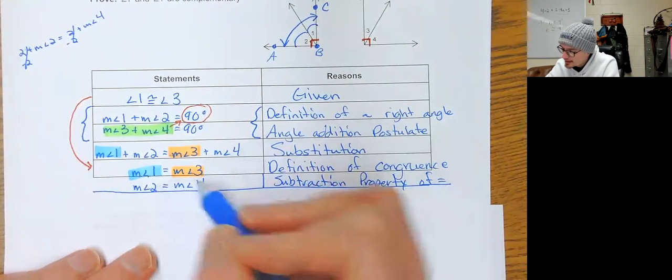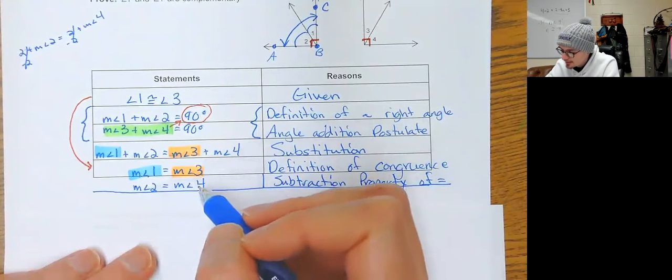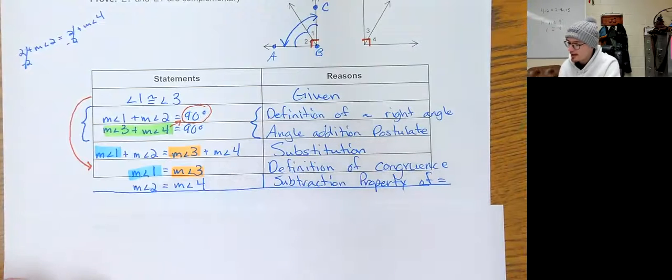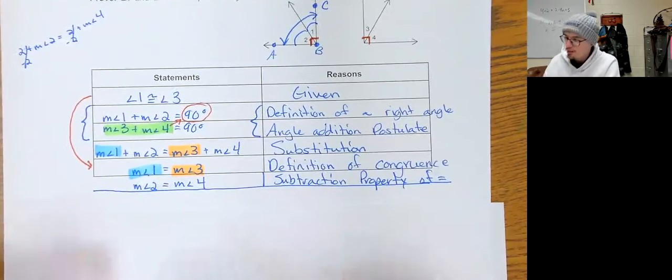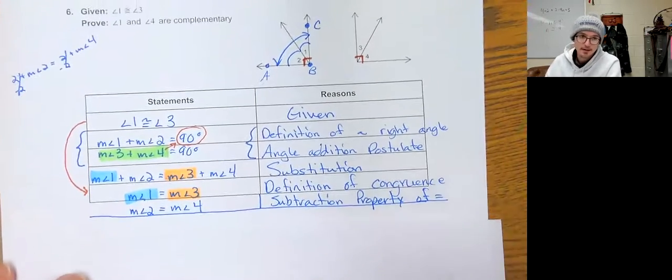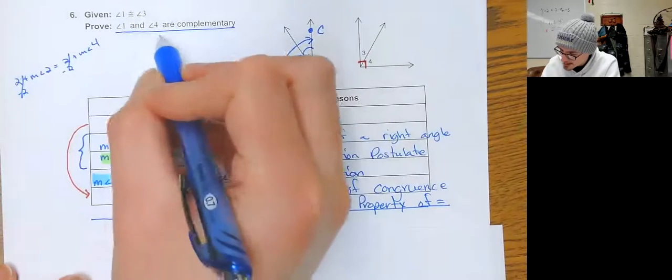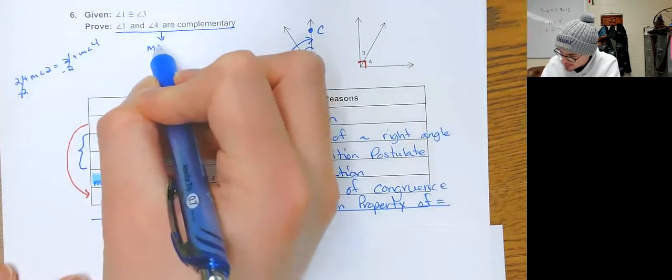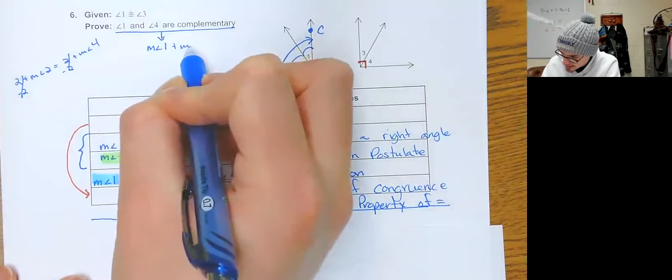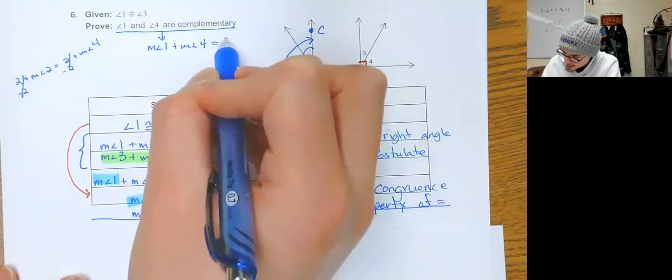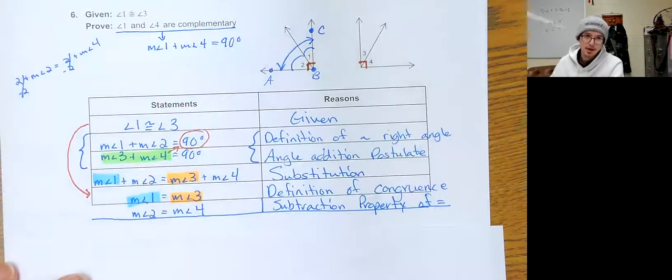So measure of angle 2 is equal to measure of angle 4. And I'm gonna grab another highlighter, another color, because what I want to highlight here is the whole point. What I'm trying to get is that the measure of angle 1 plus the measure of angle 4 equals 90 degrees, because that's what complementary means.